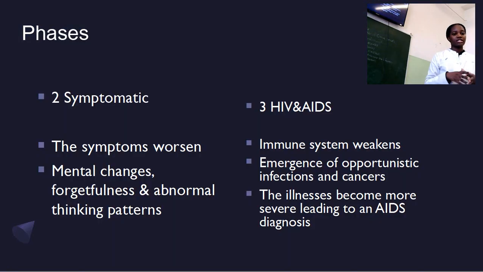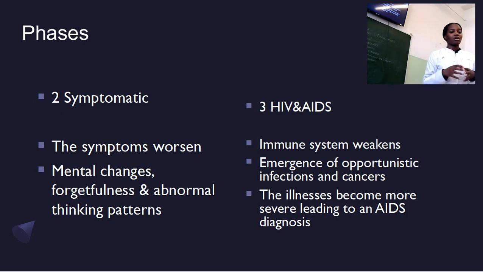And then the symptomatic stage, this one is where the symptoms are worsening. The fatigue is now extreme. The person is just sweating, and the weakness and weight loss are very extreme. I think you saw the first picture on my presentation. That was a sign of the final stage, which is the HIV and AIDS stage.